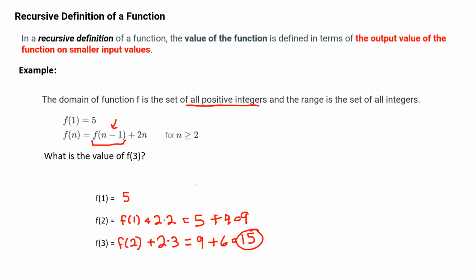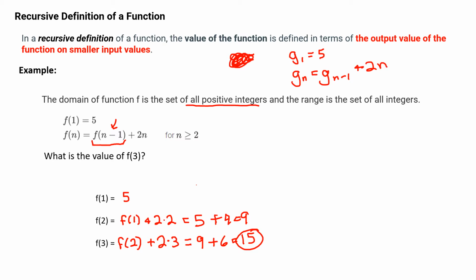Now, we're really used to this from when we talked about sequences. We did the very same thing. In sequences, we could write this whole thing like a sequence: g sub 1 would equal 5, and then g sub n would equal g sub n minus 1 plus 2n.